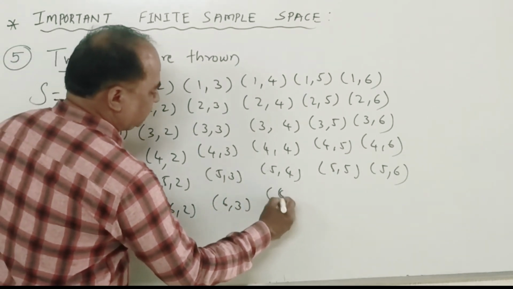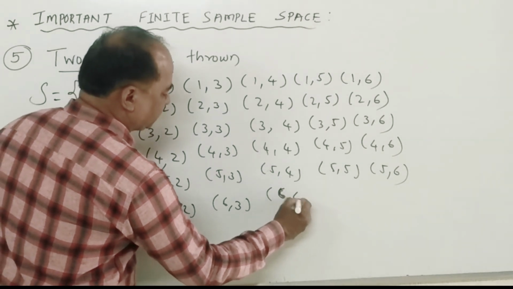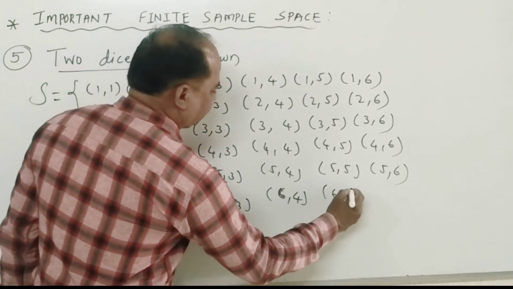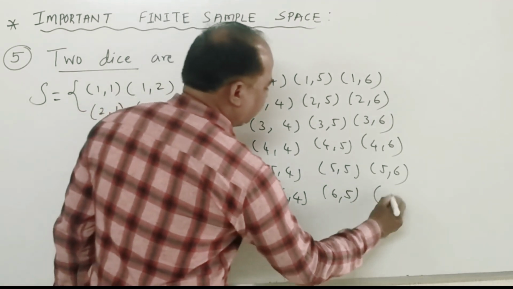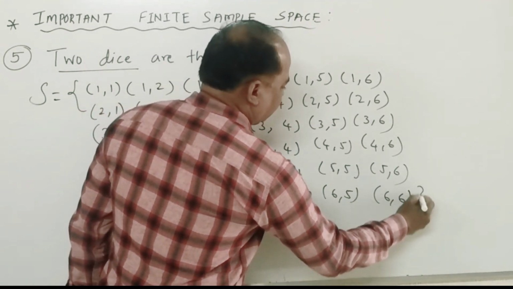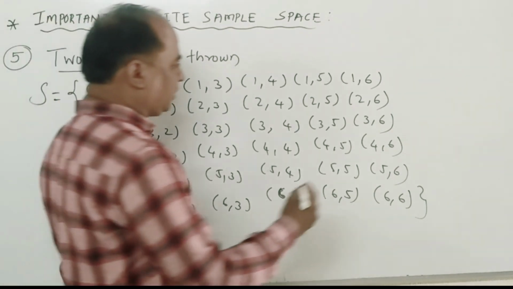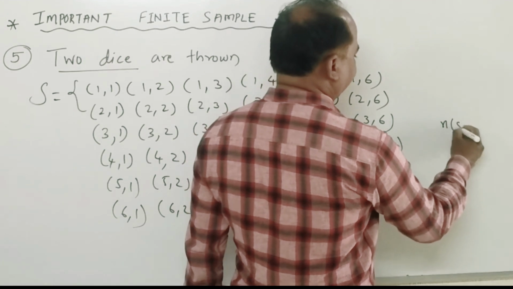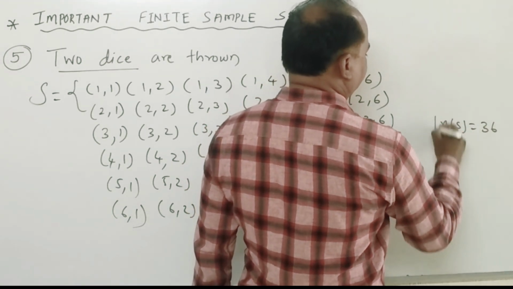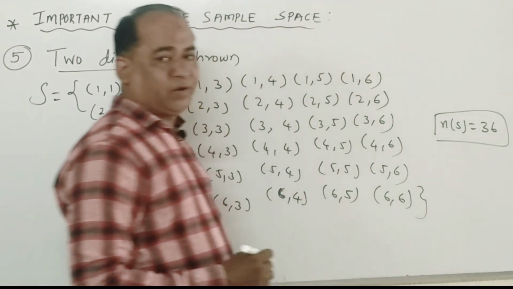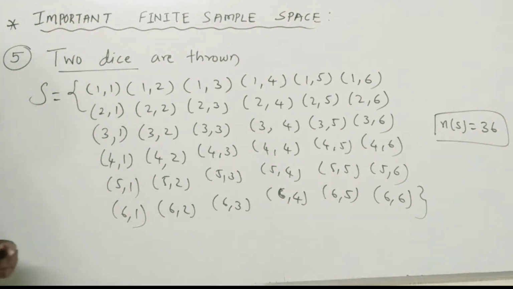You can see there is no repetition of outcomes; the outcomes are totally different. So when 2 dice are thrown, in all we get 36 outcomes. So n(S) is equal to 36, the number of sample points when 2 dice are thrown.